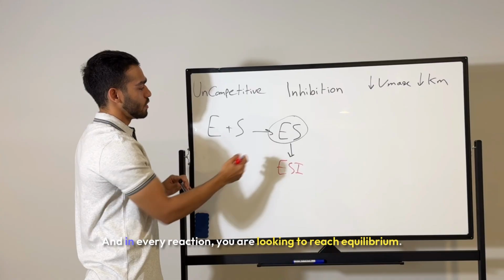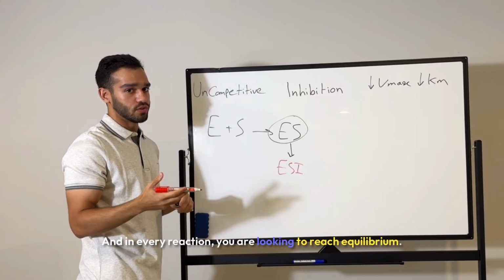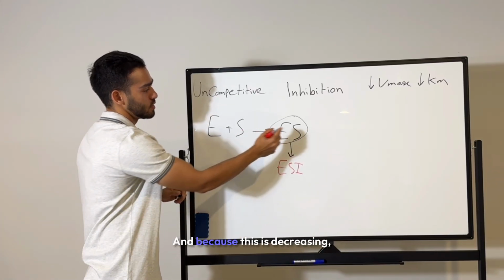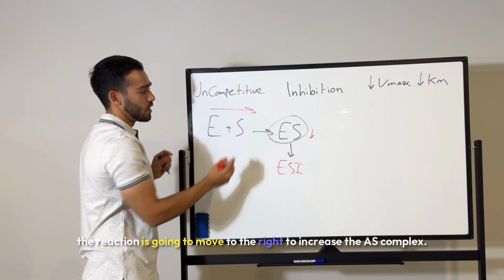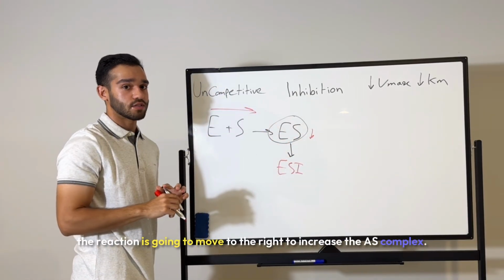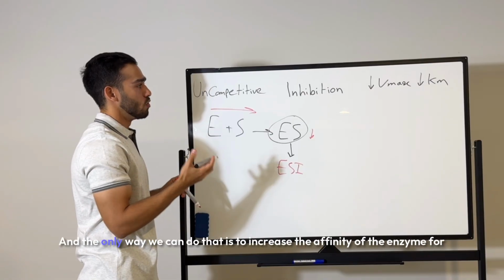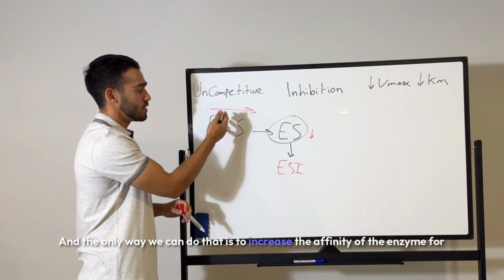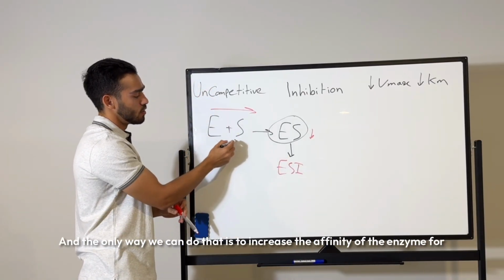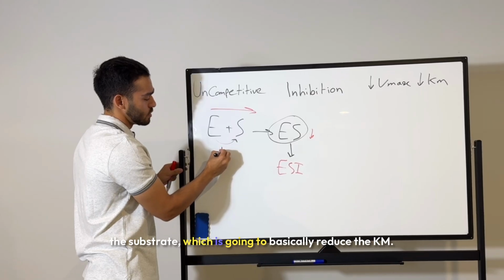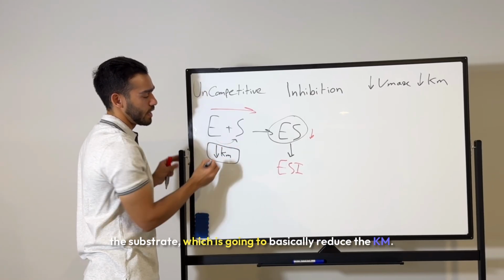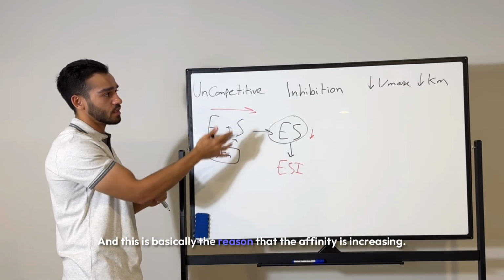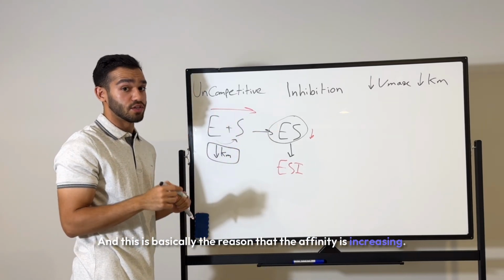And in every reaction, we are looking to reach equilibrium. And because this is decreasing, the reaction is going to move to the right to increase the ES complex. And the only way we can do that is to increase the affinity of the enzyme for the substrate, which is going to basically reduce the Km. And this is basically the reason that the affinity is increasing.